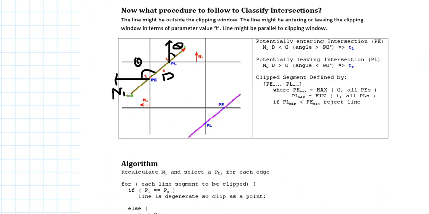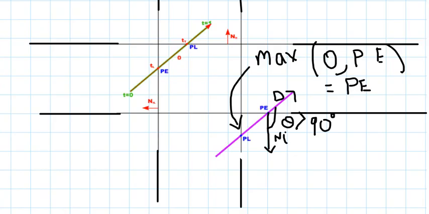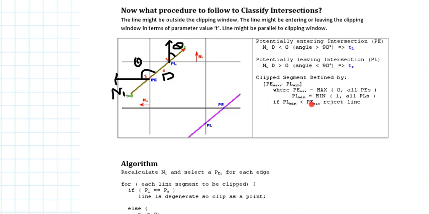So what actually happens here is, if PL min is less than PE max, if this condition holds, then you can say that this line is totally outside the clipping window. So essentially you have to reject the line. You don't have to apply your clipping algorithm on such lines.